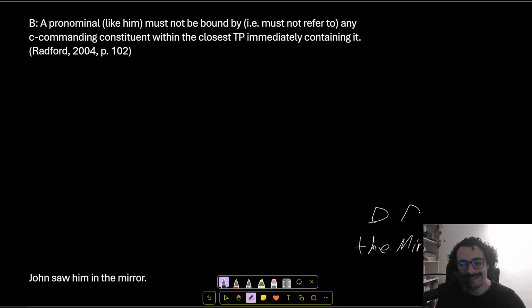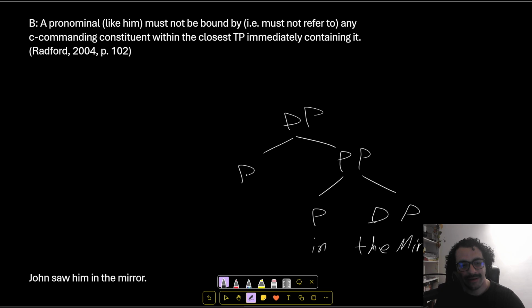So again, this is a DP, then we have a P, the P is in. These two will combine, they will give us a PP, prepositional phrase, and then you have him, a DP, headed by the pronoun him.